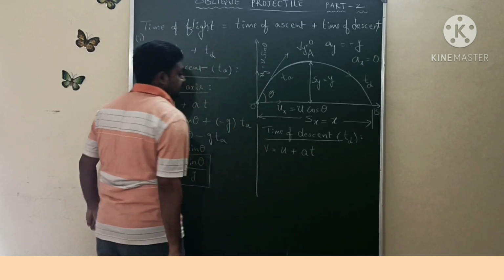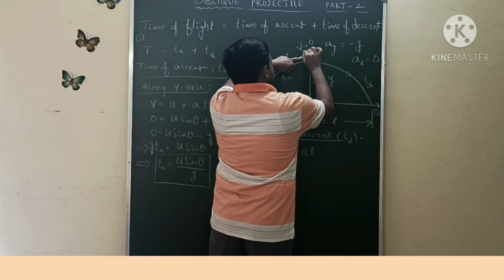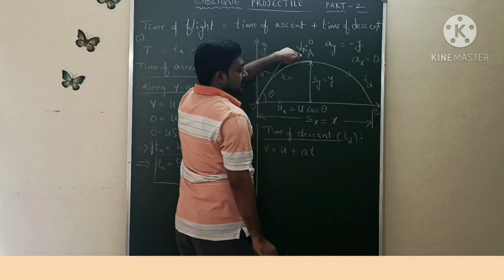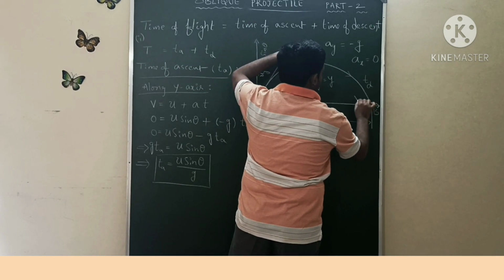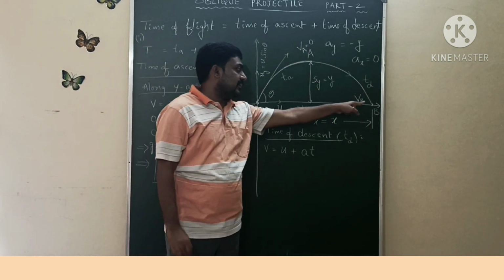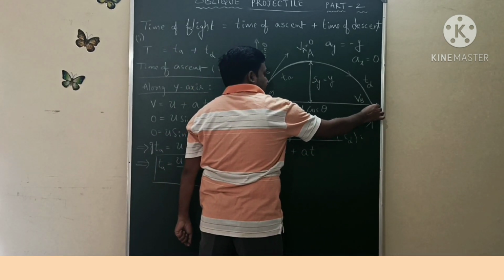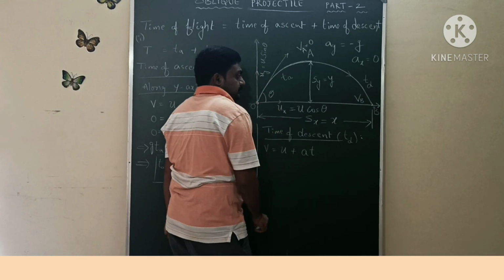Here, the velocity at point A is the starting point, and the velocity at point B is the final point. V, final velocity, is the velocity at B point, here u sin theta.